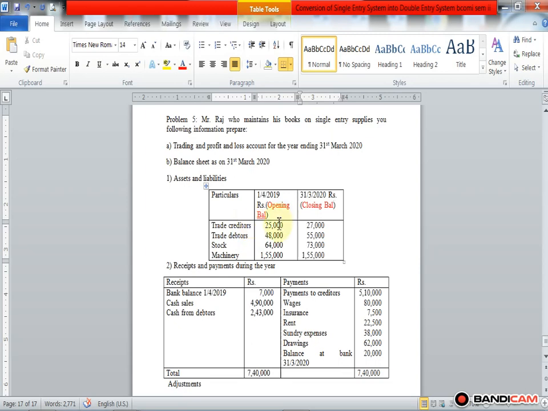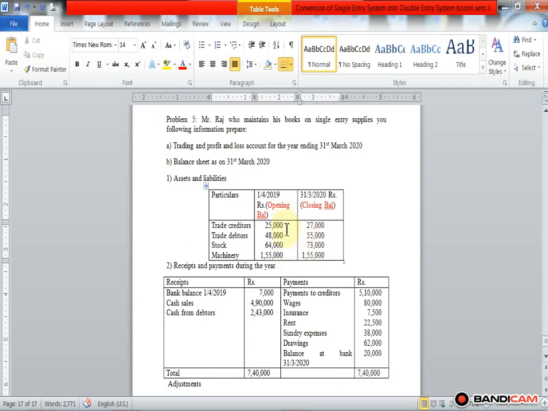Trade creditors opening balance 25,000, closing balance 27,000. Opening balance is transferred to opening balance sheet, closing balance transferred to closing balance sheet, liability side. Trade debtors opening balance is transferred to opening balance sheet or opening statement of affairs, asset side, and the closing balance of trade debtors is transferred to closing balance sheet, asset side.